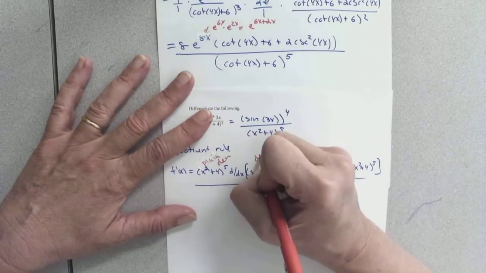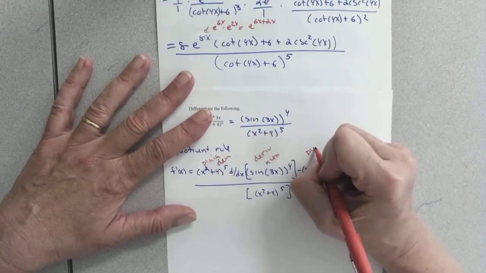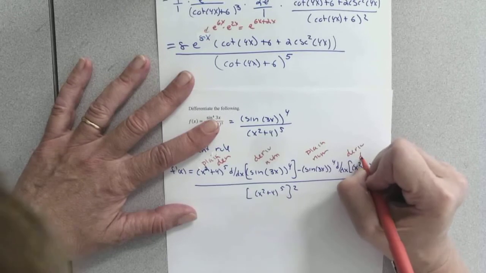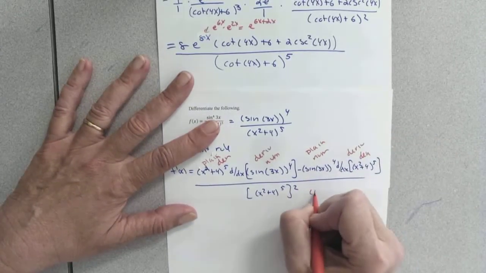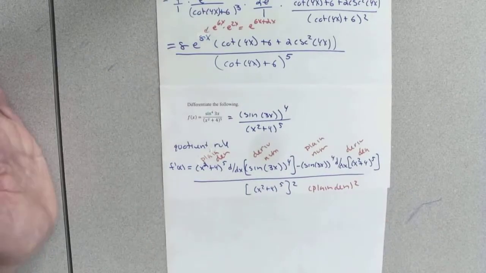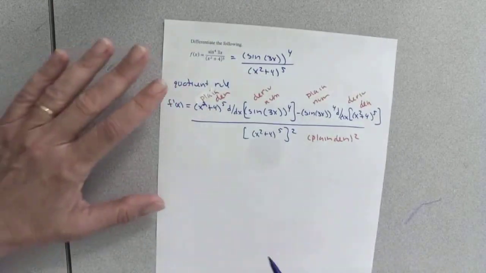Plain denominator, derivative numerator, plain numerator, derivative denominator, plain denominator squared. Okay, so we start with quotient rule. And you don't have to write that step down.